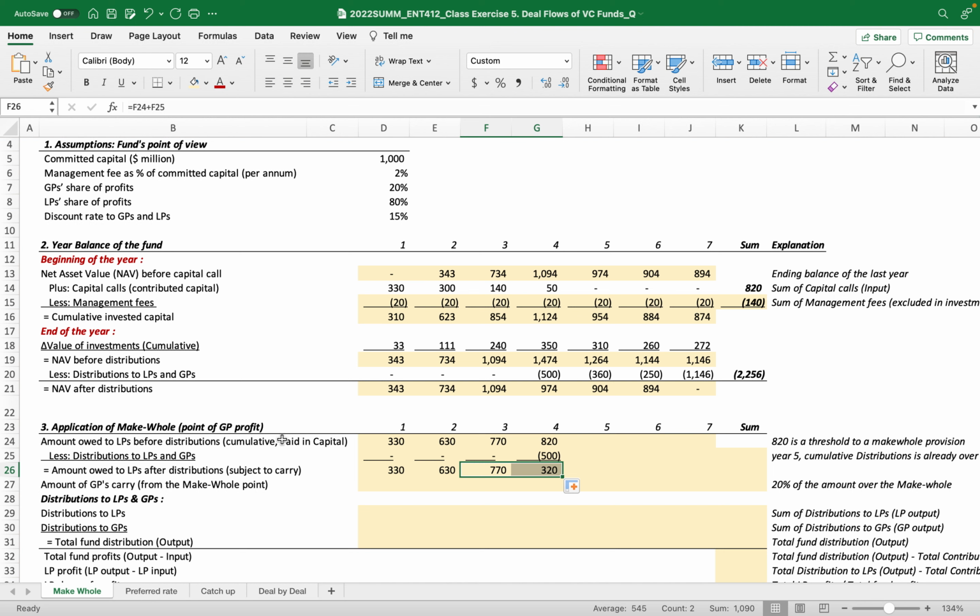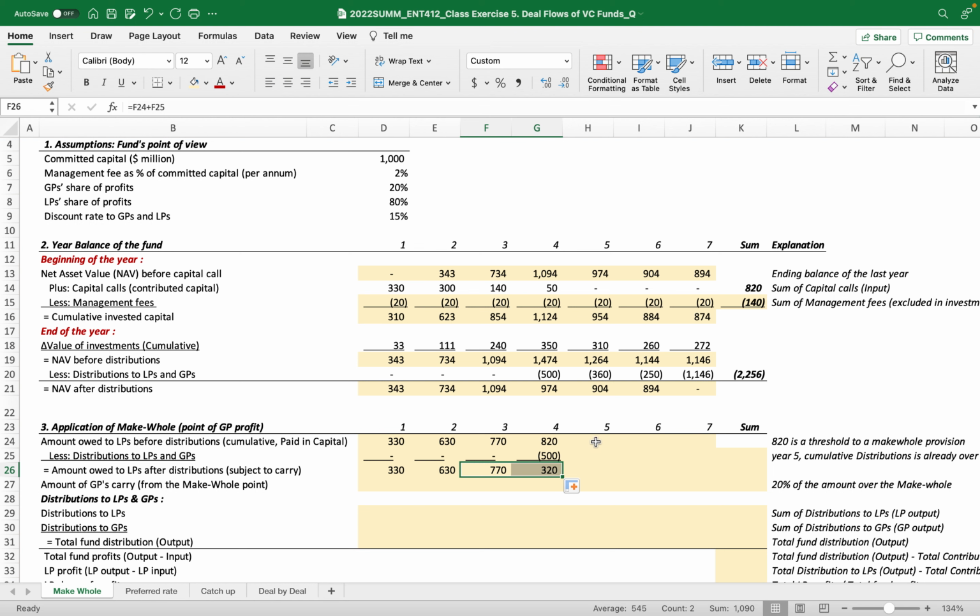Once the distribution to the LP covers 820, which is the total capital cost in full, then from then on the LP can share the profits with the 20% rule. That is subject to carry, right? But not yet, because the distribution is only 500, right? So the LP cannot receive the 20% from the distribution profit, right? You guys understand, right? So 300 like this.